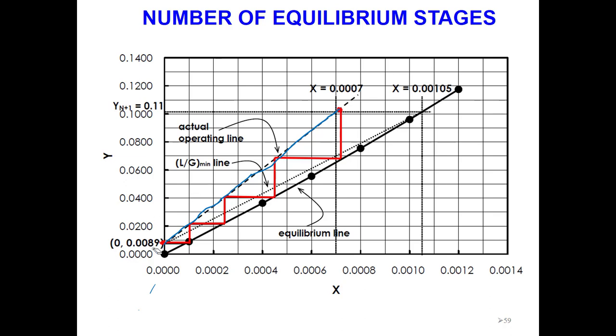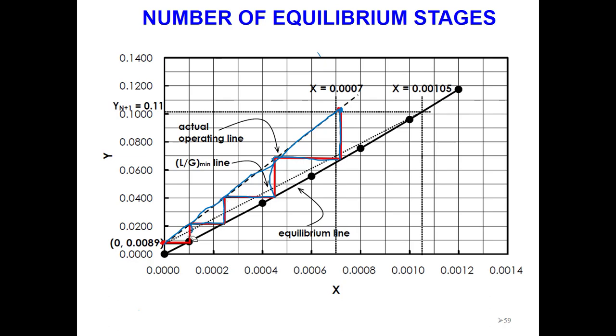You can start from the bottom or from the top, it doesn't matter. Both of them give you the same result. I will start from the top, from here. This will be specified to you, whether to start from top or bottom. So this is my first stage. Then I go to the equilibrium. I come from the operating line to equilibrium, then from equilibrium to operating, then operating to equilibrium, and so on.